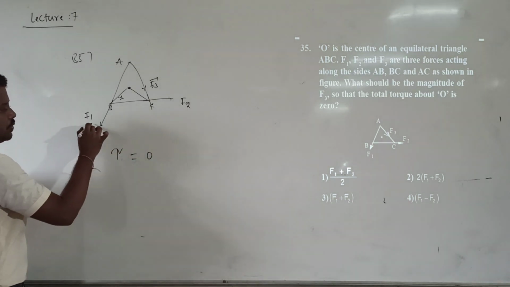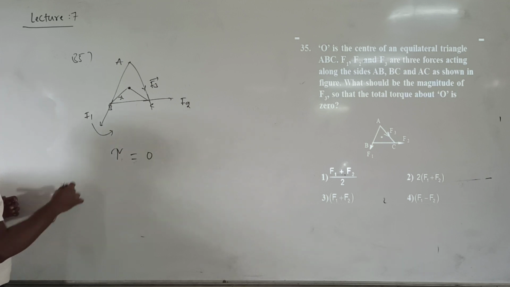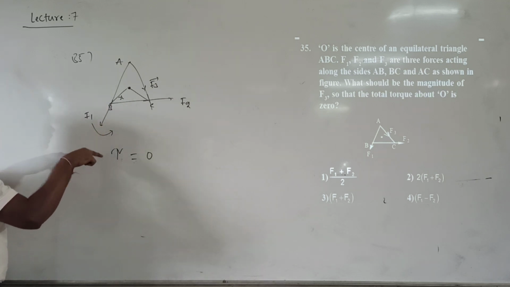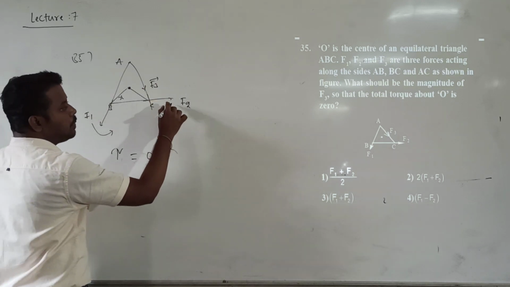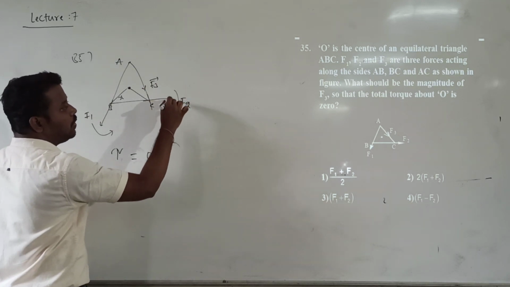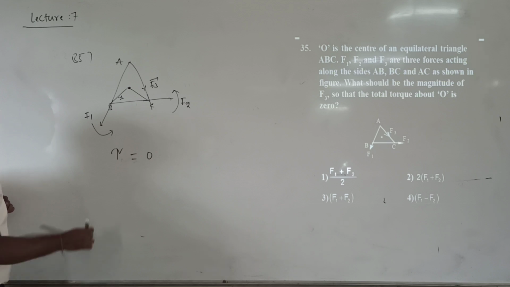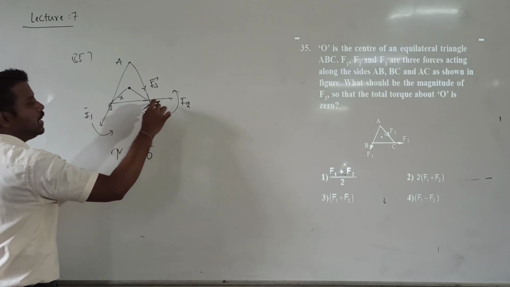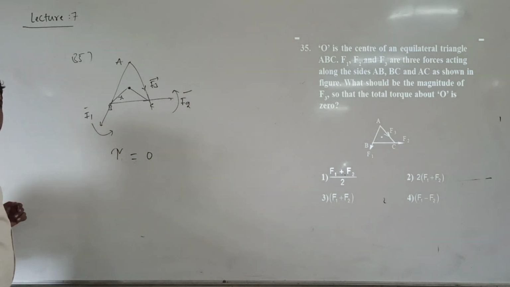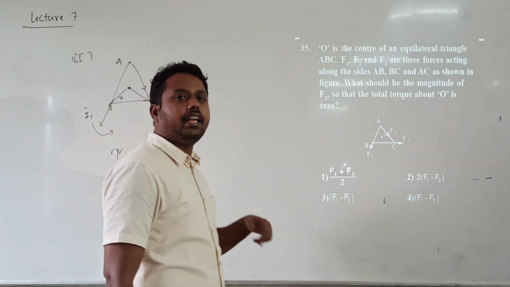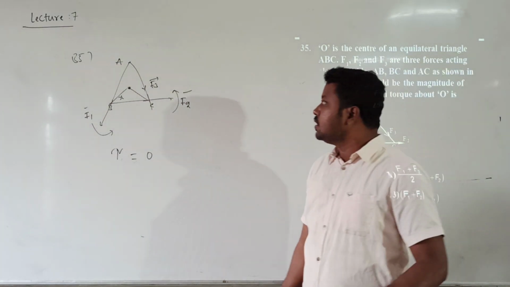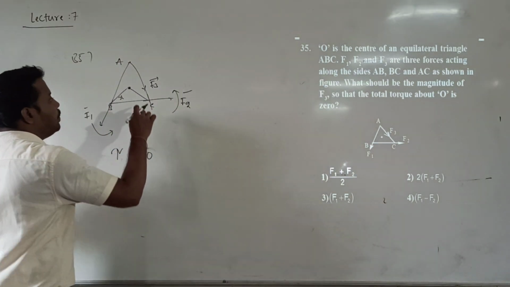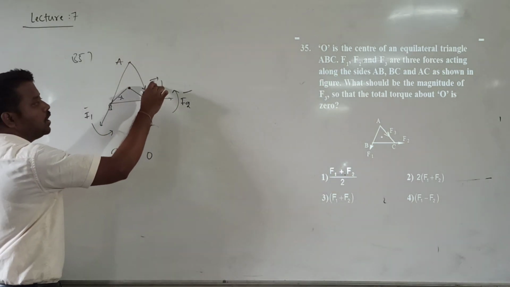Now this force will try to rotate in clockwise or anti-clockwise. Whenever the force is applied like this, it will try to rotate in anti-clockwise direction. Whenever the force is applied like this, it will also try to rotate in anti-clockwise direction. So the moments due to F1 and F2 are anti-clockwise. Which moment is taken as positive? Anti-clockwise. Which moment is taken as negative? Clockwise. So what about the moment of F3? Because of the force applied here, the body will rotate like this.